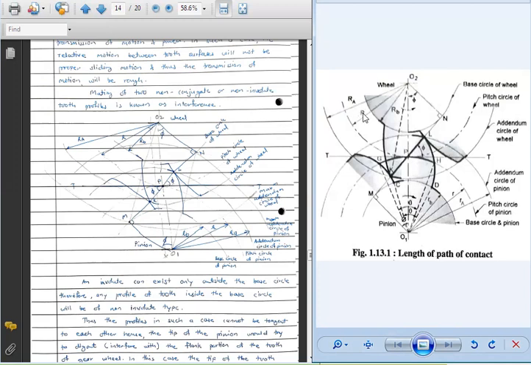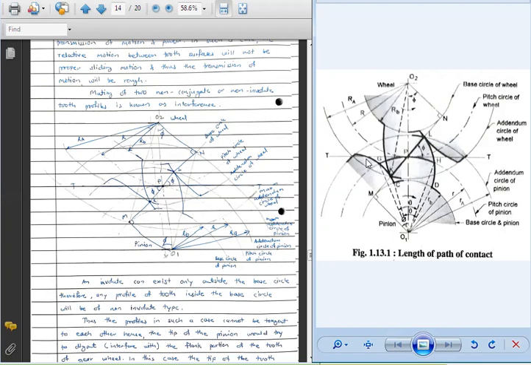But in case this radius is greater than O to M, then in such a case the point of contact K will be somewhere over here, and it will try to interfere in the gear tooth profile which is there on the pinion. Are you getting me? So this is the first case.